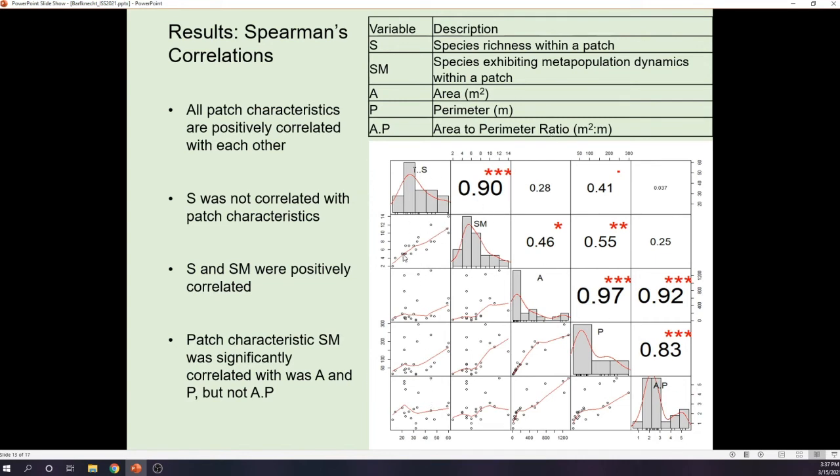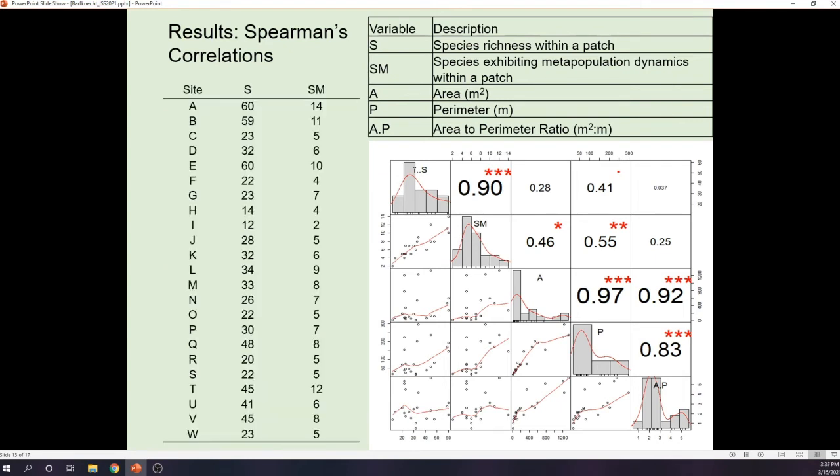So you can see, for example, some of these really highly correlative ones are quite strong, where again, for example, this area to perimeter ratio with total species richness is actually quite janky, and it's very flat. So this is just a more convoluted, I guess, way to share that.